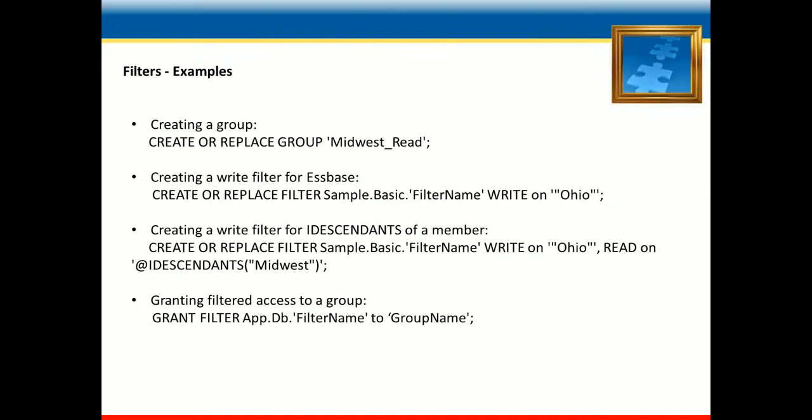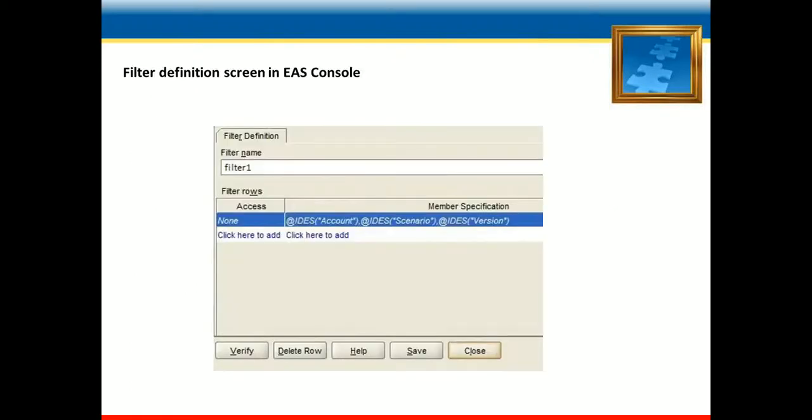This is like drilling down, or specific access to the descendants of the Midwest member here. And once that filter has been created, it can be assigned to that particular group with the last command, which is grant filter application name dot database name dot filter name to the group name.